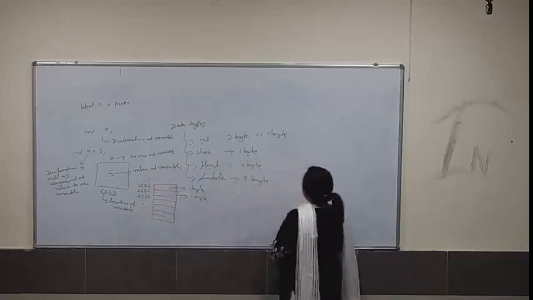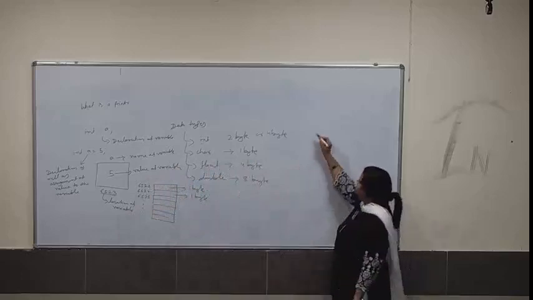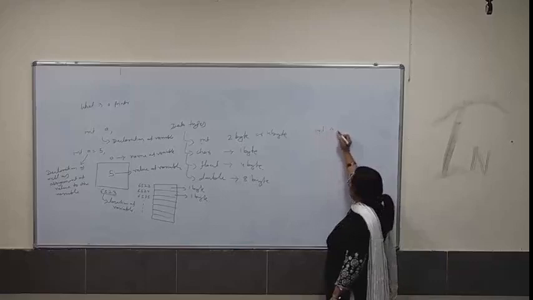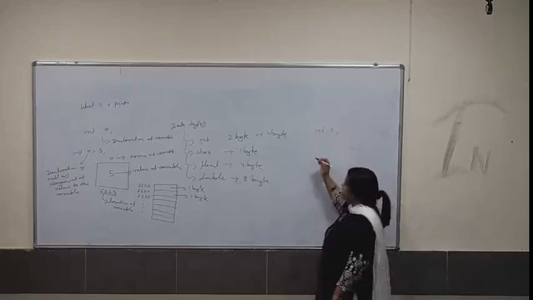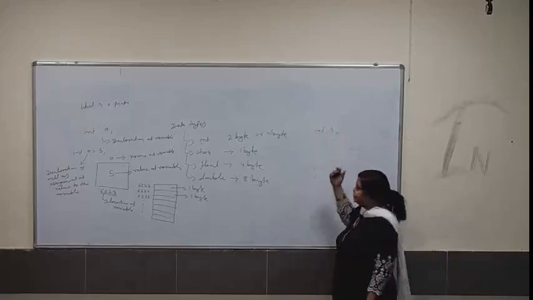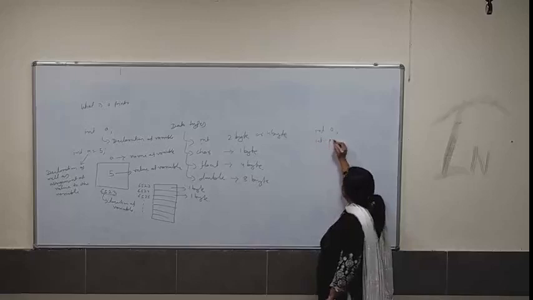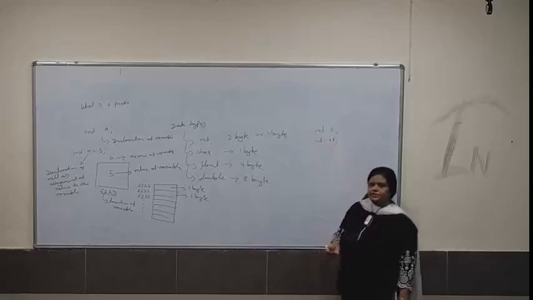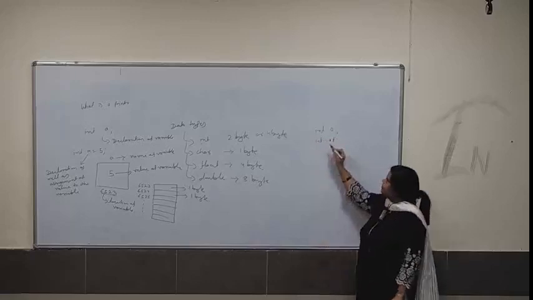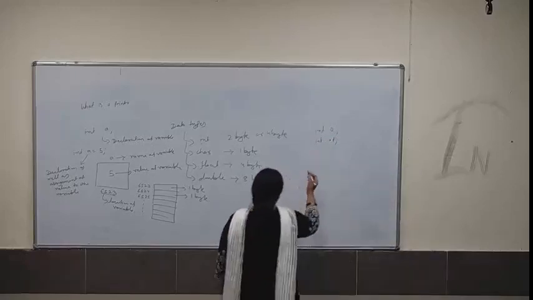Now here we want to make a pointer variable. Let's take this one as A. A is a variable. Here we want to declare a pointer for this variable A. Then int *p. Whenever we put a star before the name of any variable, it becomes a pointer variable.